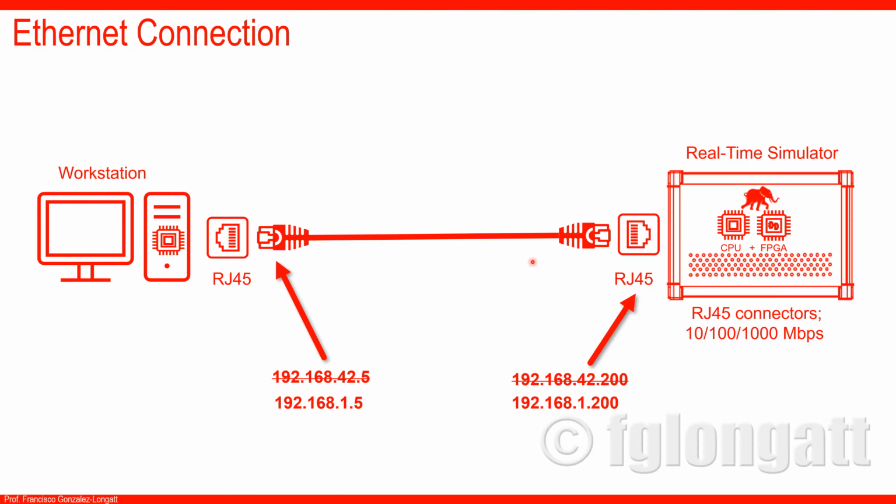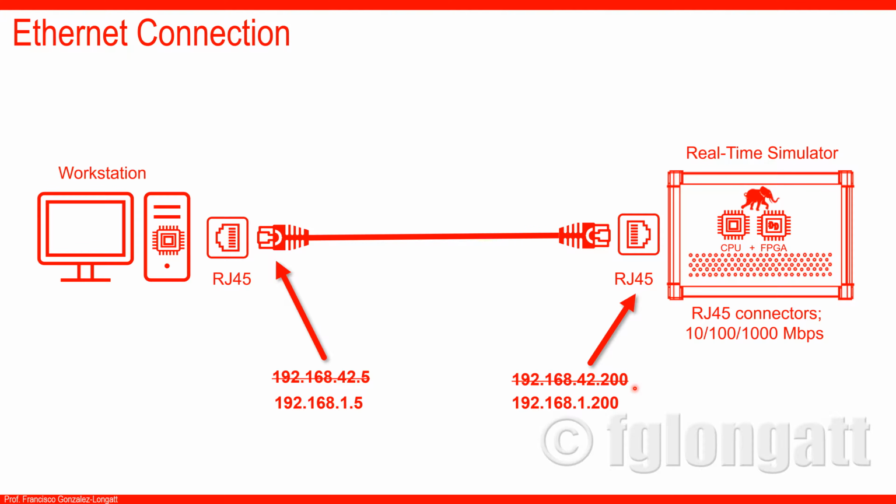In that video, I set up my personal computer with a fixed IP address 192.168.42.5, okay? And that was because the HIL device comes with this default IP address, 192.168.42.200, okay? What I will do is something simple.